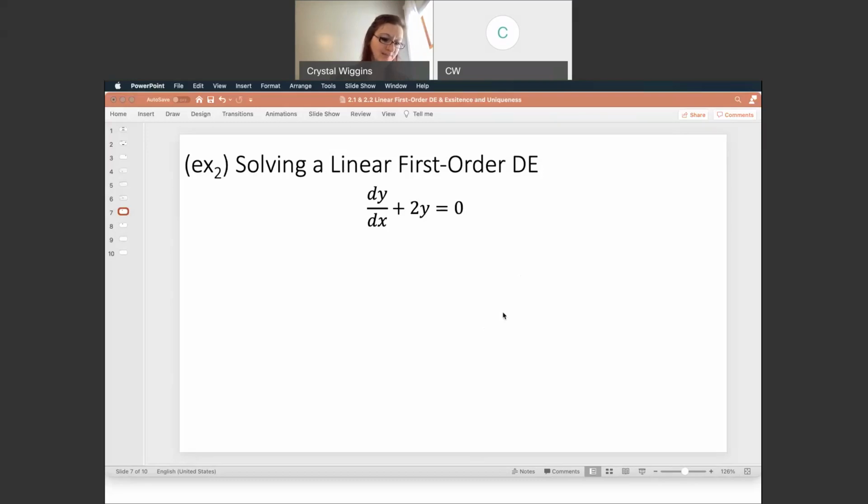So step 1, standard form, check. Is it first order? And linear? Check.